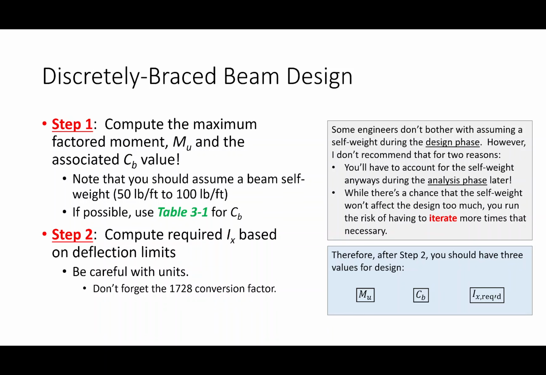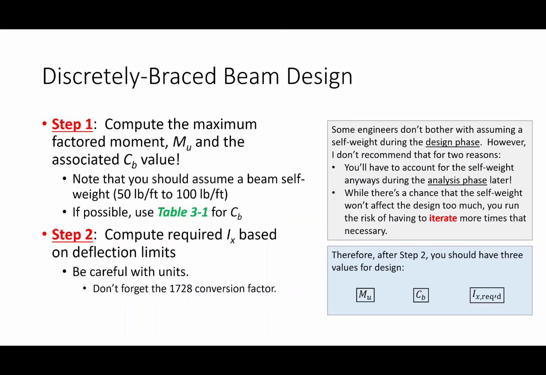Hopefully we can use table 3.1 for CB, so we don't have to calculate CB. Hopefully we can just look it up. And we should assume a beam self-weight somewhere between 50 or 100 pounds per foot. I guess the only time that you should not assume a beam self-weight is if you're told in the problem statement something along the lines of, here's some dead load, and by the way, that includes the self-weight. If that's the case, then don't worry about it, okay?